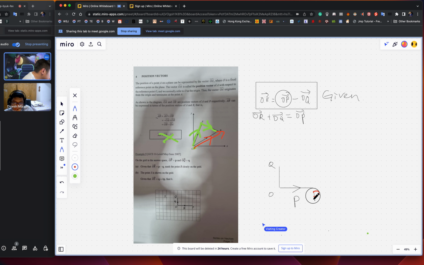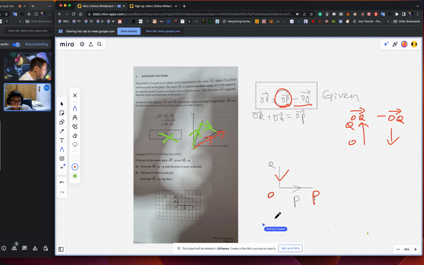So this OP is taken care of by this, and now OQ is this one, right? But the question here is minus OQ. If OQ is this direction, so this is your OQ, then minus OQ will be the other direction. That means I'm supposed to get this arrow in this direction, right?